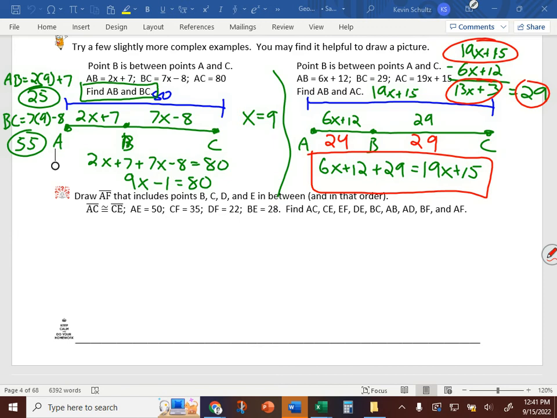Your homework for tomorrow. On page 12. Do we have to do the bottom?